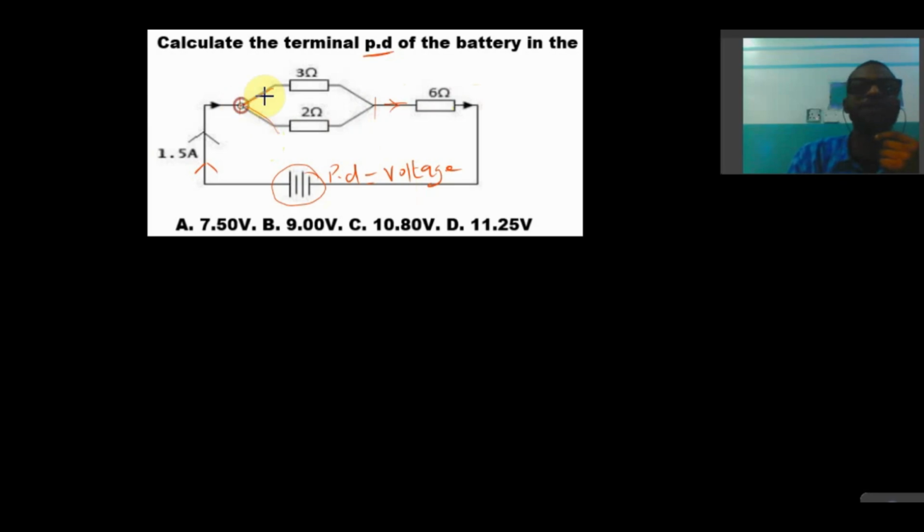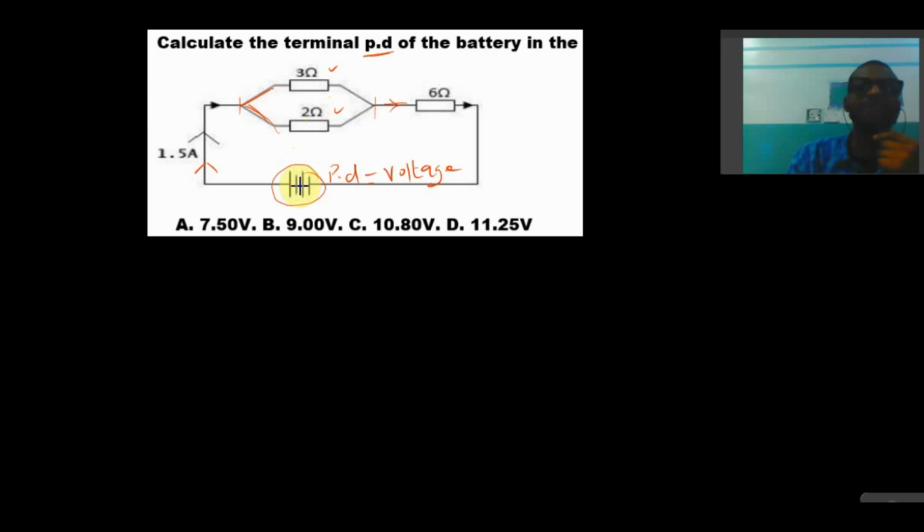As long as they split here, that makes these two resistors parallel, because they split the currents. Some will go through the 3 ohms and some through the 2 ohms resistor. So they are now in parallel, and this 6 ohms is now in series with these two resistors that are in parallel. So take note of that.